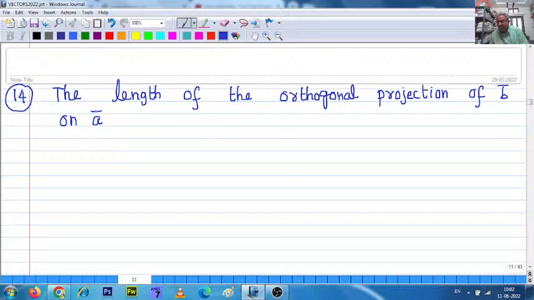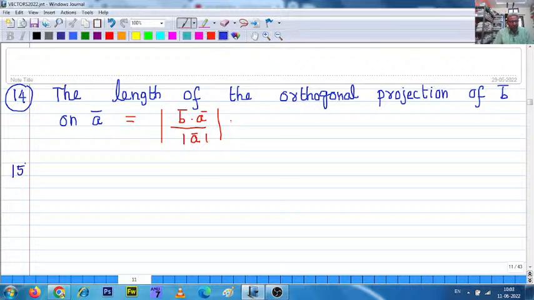So not orthogonal projection or component vector of B bar on A. So this is equal to, you will write like this, modulus of B dot A by mod A. So this is the required one.